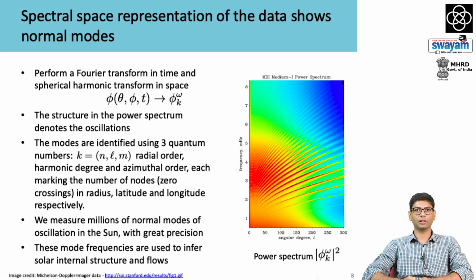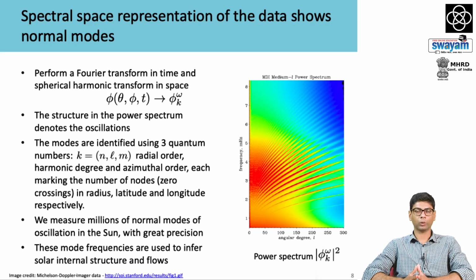First, we take the measurements of the surface, which is denoted unfortunately by the same symbol twice, but bear with me please. So you have phi, which is the signal that you measure at the surface. That's the velocity field, a function of latitude theta and longitude phi, and as a function of time as well. This is a quantity that we measure.